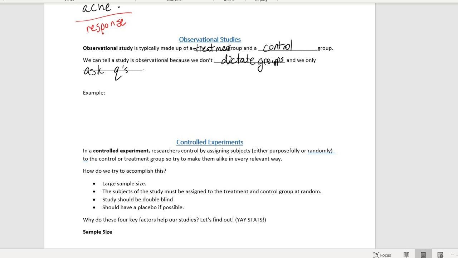An example of a study that has to be observational and cannot be controlled would be asking pregnant women if they smoked during pregnancy, and then the response could be birth weight. The reason this would be observational is because we didn't tell people to smoke during pregnancy, we just asked them, hey, did you smoke during pregnancy?